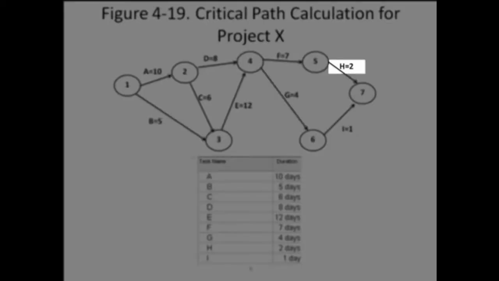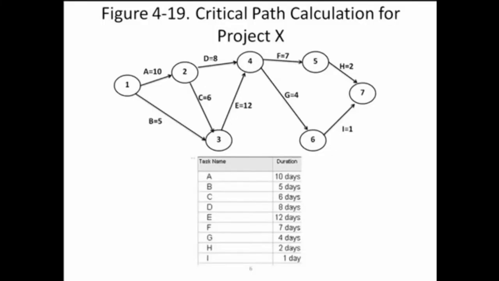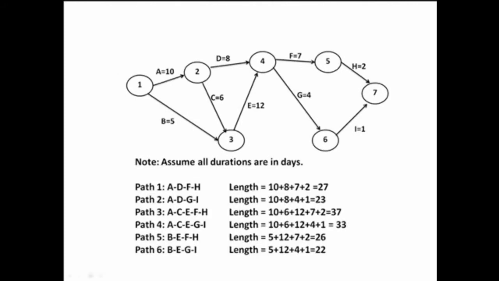Activity H depends on activity F's completion. Activity F depends on activity D's completion, and activity D depends on activity A's completion. This is what is meant by dependencies of the activities, and all of the paths work this way. Let's look at some of the actual paths of the workflow.